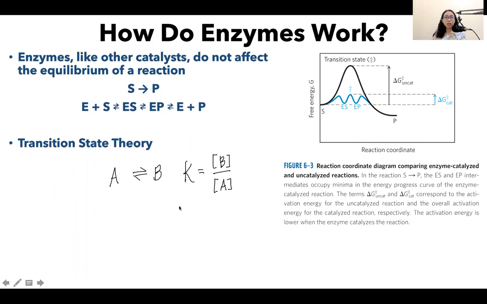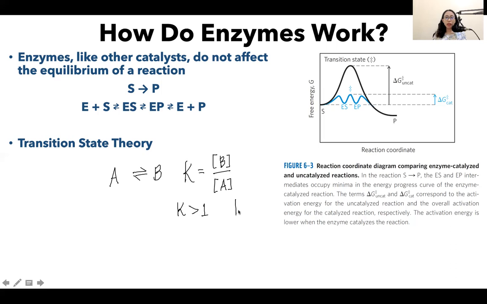And since this is a ratio, it means that if K is greater than 1, then when the system reaches equilibrium, you will have more of the product, and we say that the product side is favored.